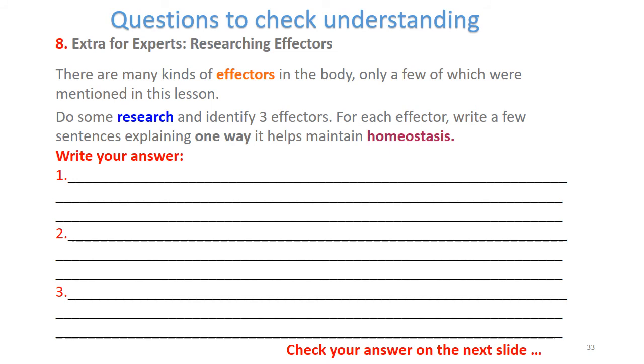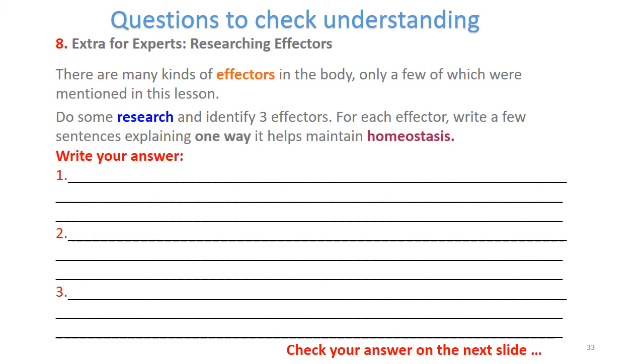The questions are getting harder to check for your understanding. Question 8. This is for the experts. Researching effectors. So, there are many kinds of effectors in the body, only a few of which were mentioned in this lesson. Do some research and identify 3 effectors.